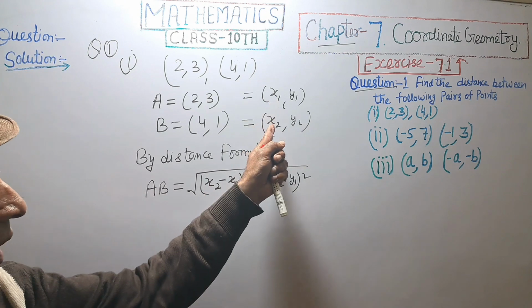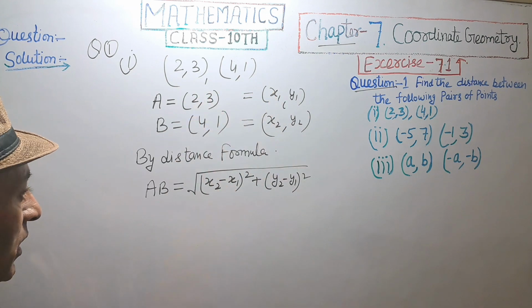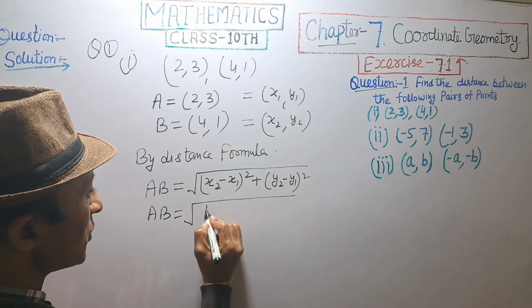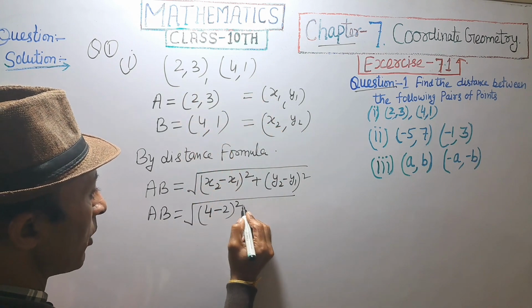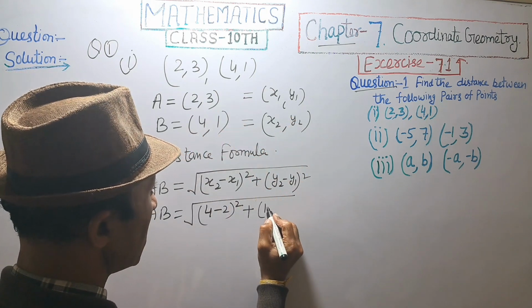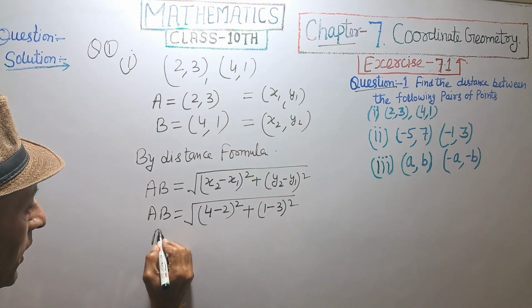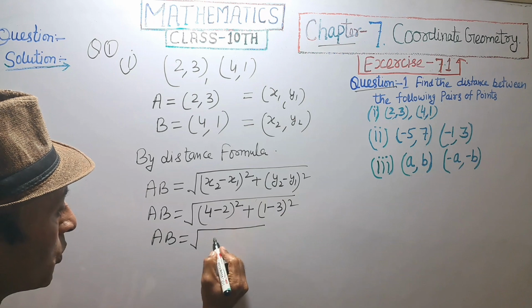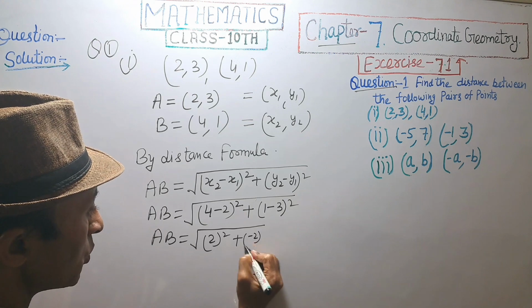Putting the values, x2 is 4, x1 is 2, y2 is 1, y1 is 3, we get AB is equal to (4 minus 2) that is 2 square, plus (3 minus 1), that is minus 2 square.